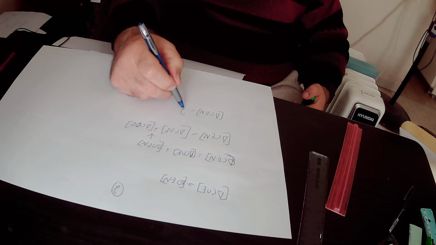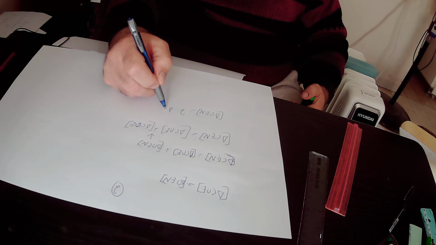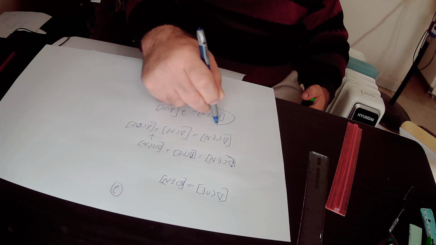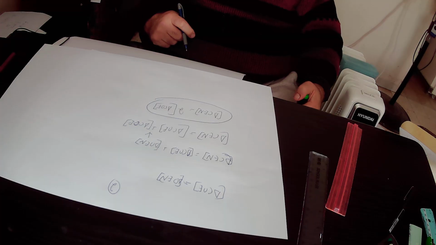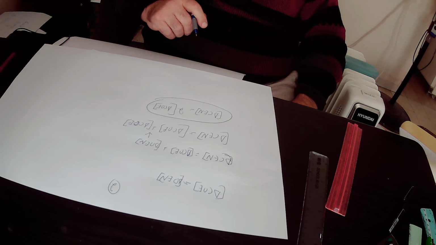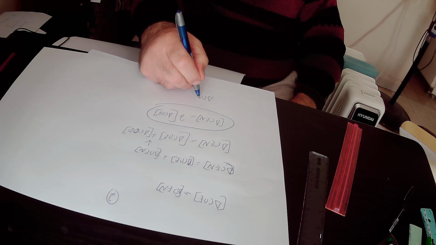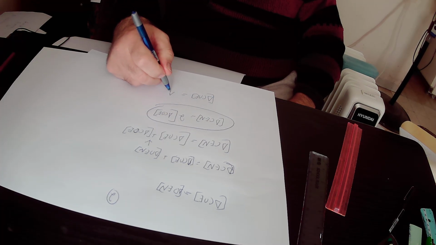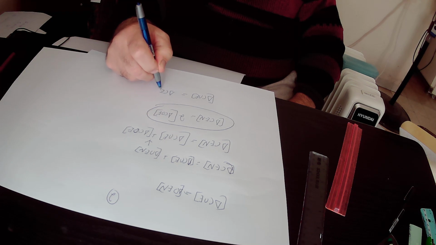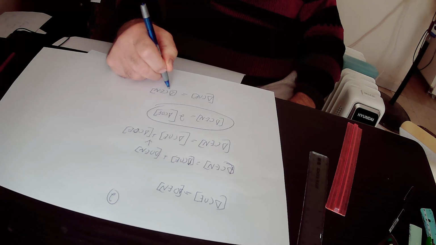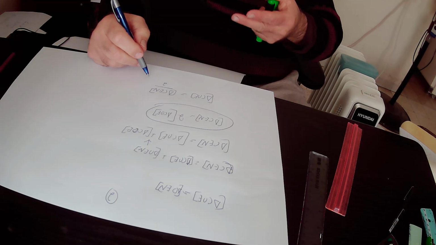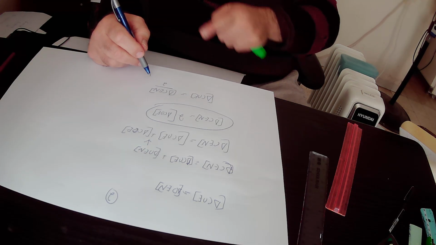That is actually 2 times the area of the green triangle COE. Here we divide this equation by 2, and you get that the area of the green triangle COE is equal to the area of the big triangle CEN over 2. That is to say, the area of the green triangle COE is half of the area of the big triangle CEN, or the area of the big triangle CEN is twice as large as the area of the green triangle COE.